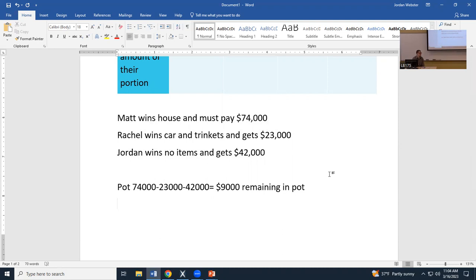So what we do is we just split that evenly between the three individuals. So each individual gets $3,000 from the pot above these numbers.